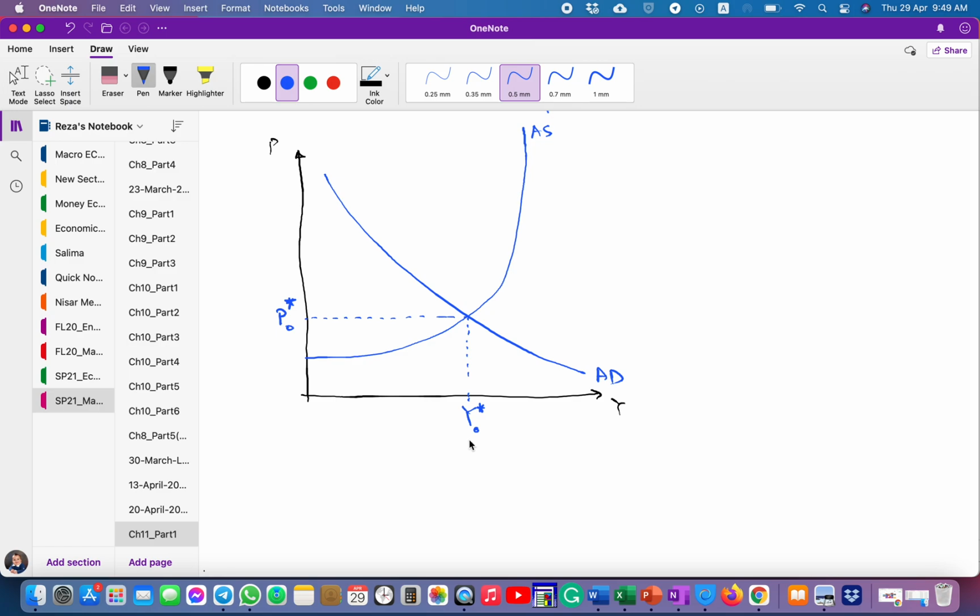So is this equilibrium the ideal one? We are here only picking up the major markets; we had three. Number one, the output market, or goods and services market.